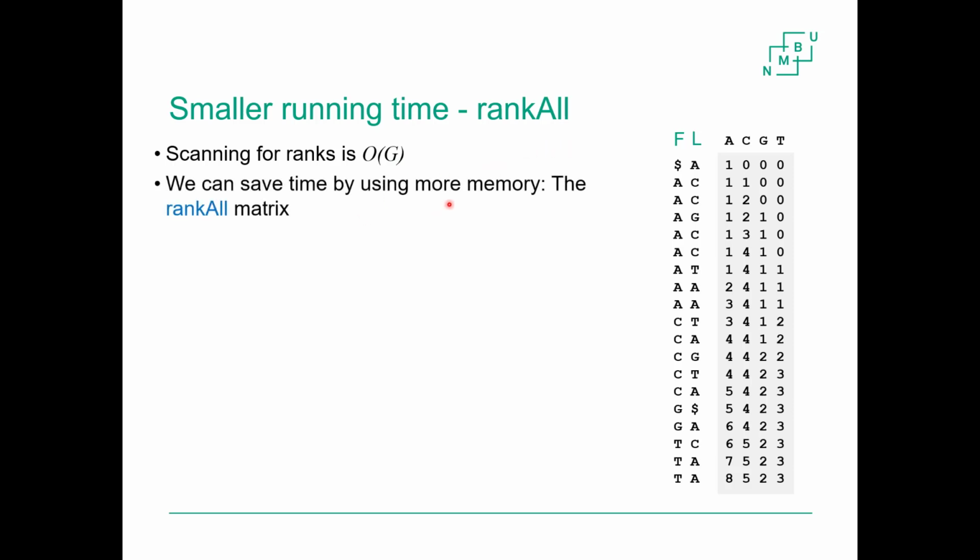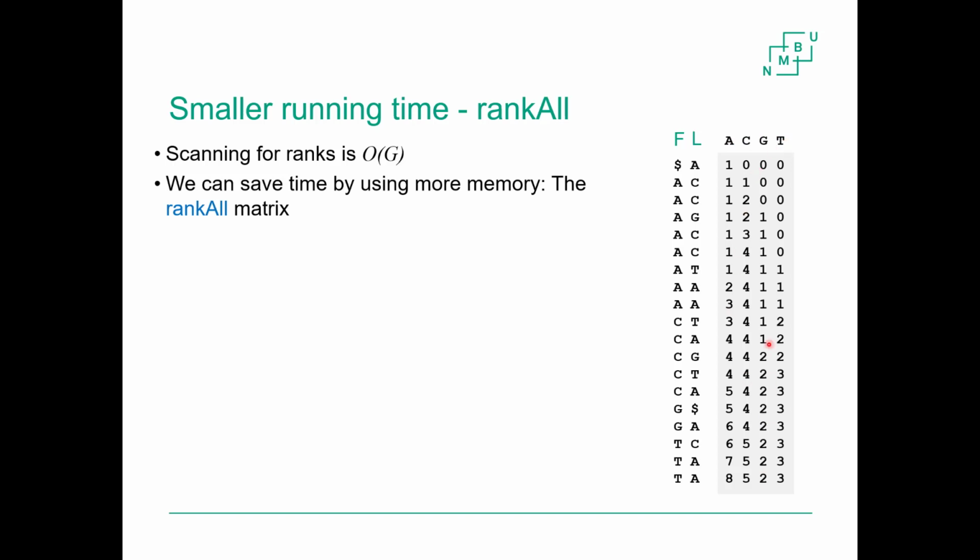So how can we fix this to make it faster? Well, we can use a trick. We can save time by using more memory, through what we call the rank-all matrix, which you see here in the gray. So instead of having a single column with ranks, we now have a matrix with one column for each symbol, A, C, G, and T in our alphabet.